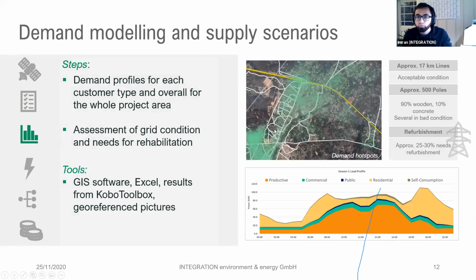Once we have done that, we are usually creating demand models, whereby we are creating these typical demand profiles and having a first idea, like I said, about what is the condition of the grid, how much of it can be used, how much needs refurbishment, and then it provides us an idea, okay, this is the peak demand of this system. This is what the demand profile is looking like. And it can give you an idea. For example, here you can see that there is considerable demand in the evening hours as well.